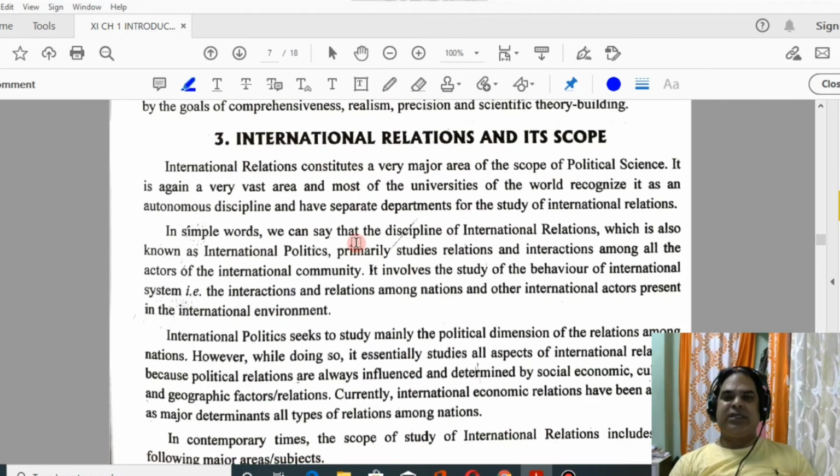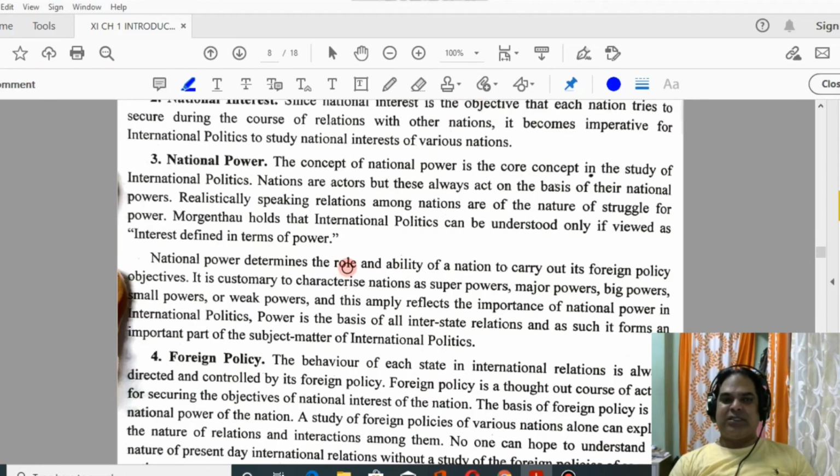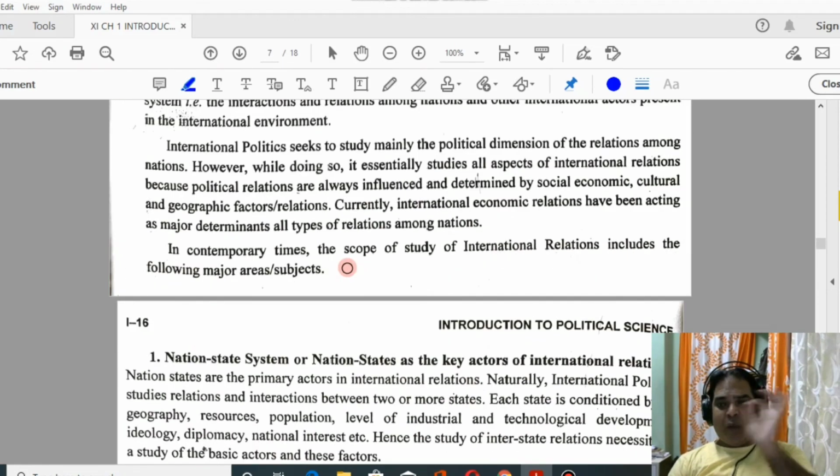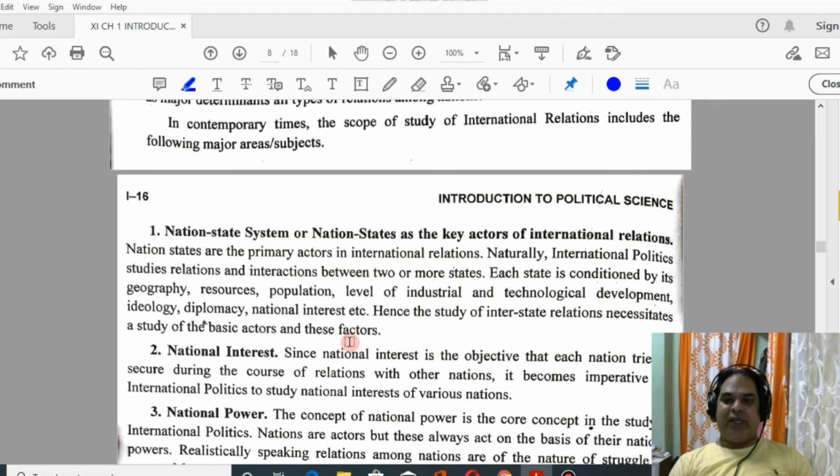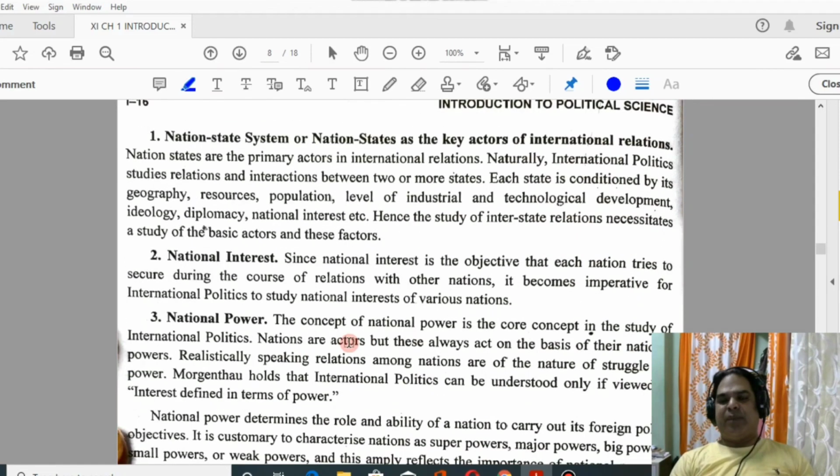Now the third one is international relations and its scope. You can see what type of relation every country keeps with other nations, my dear, and that is also part of the study of political science. Whatever relation we have with Bhutan, China, Pakistan, Afghanistan, America, Japan, Italy, Russia, all these are the subject matter of international relations.